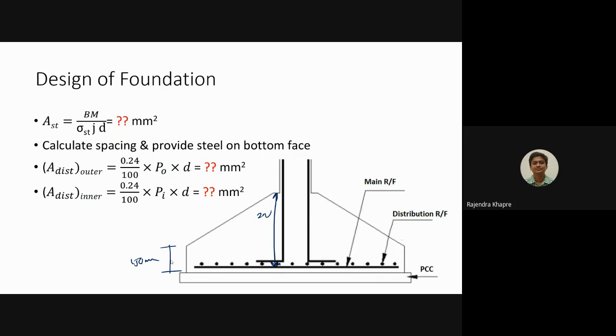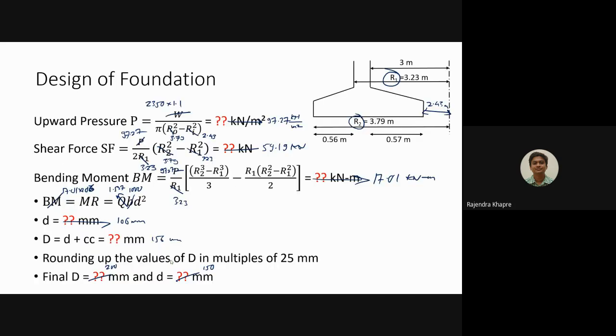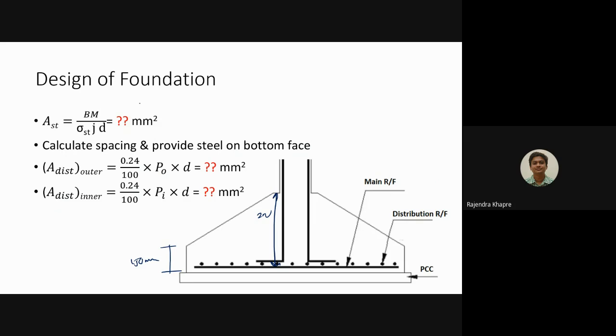Now we have to go for the calculation of AST, and the standard equation for AST is bending moment divided by sigma st into J into d. Just do the calculations. The bending moment value you have already calculated as 17.07 into 10 to the power 6.